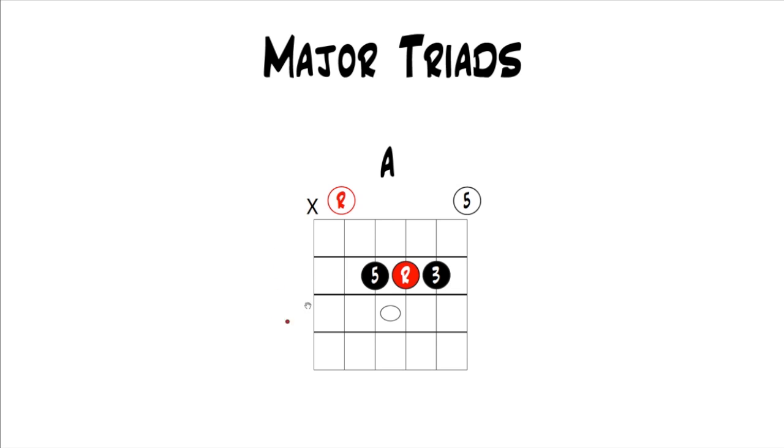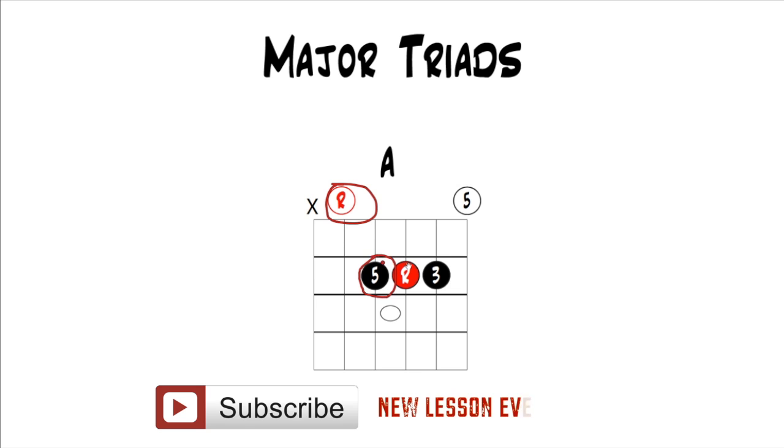And this is an A major triad even though it has more than 3 notes that are ringing out, because the 3 notes are just a root, a third, and a fifth. You have a root, and then the next one in order is a fifth, then a root, then a third, then another fifth. So all you have going with this chord are a root, a third, and a fifth. So that is a major triad chord.